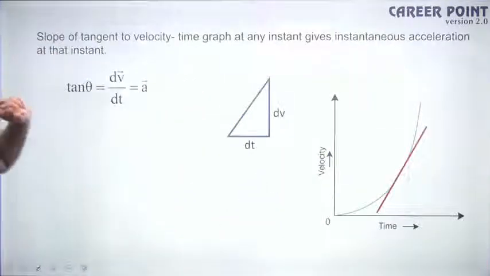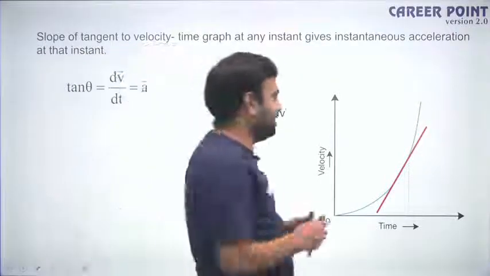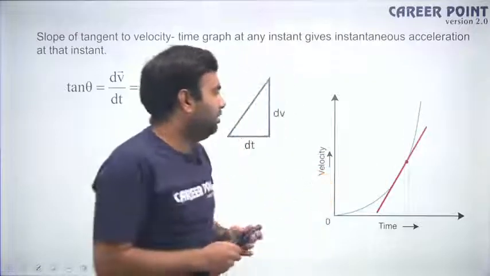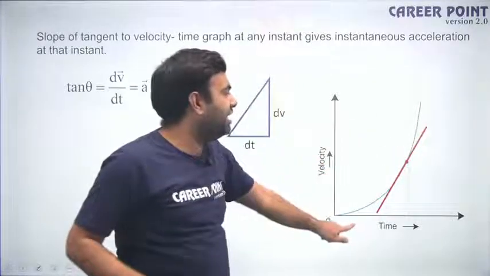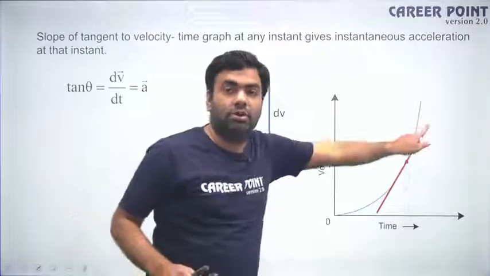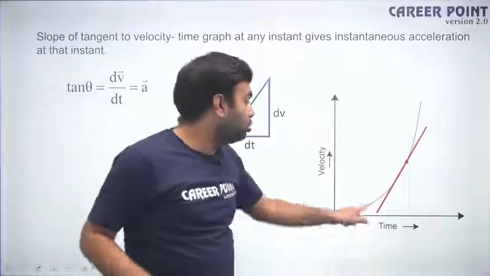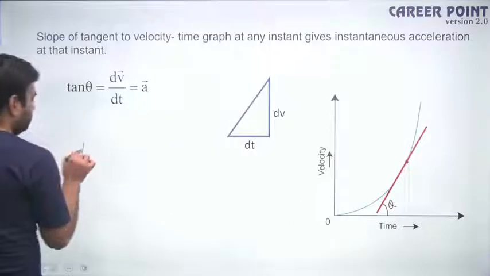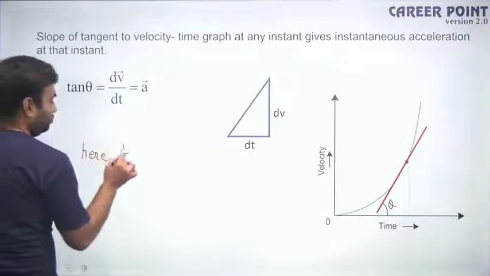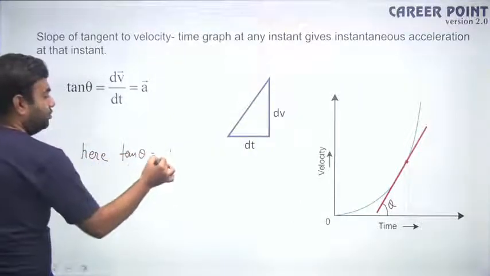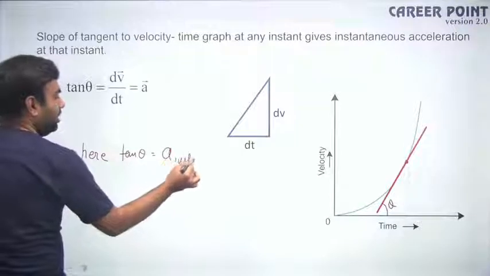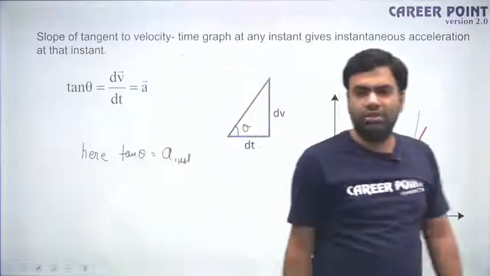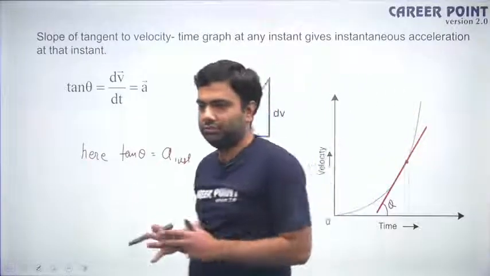And if I want instantaneous acceleration, that means acceleration at any particular point, then I draw the tangent at that point, and the slope of this tangent will give you instantaneous acceleration. Similar thing.